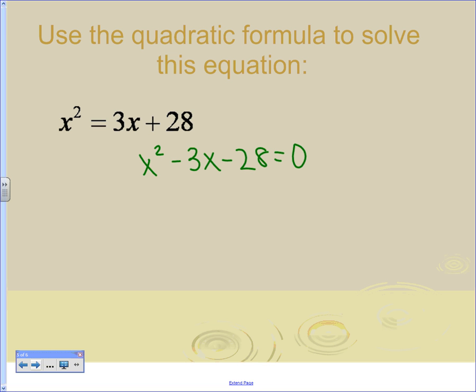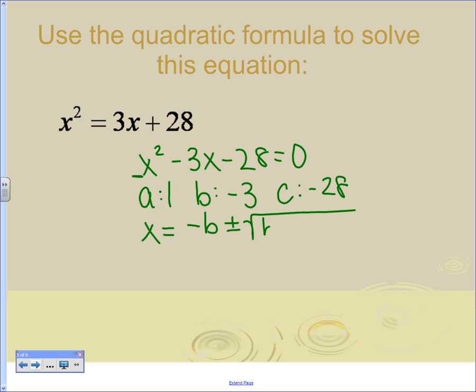What is my a term? It's a 1. There's a 1 here. What is my b term? And what is my c? Negative 28. Do you see how that works? Okay, so x equals, what is my quadratic formula? Negative b plus or minus the square root of b squared.